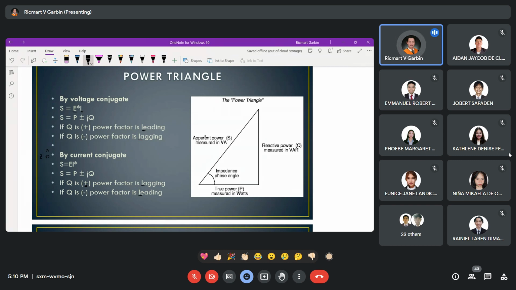So parehas lang siya nitong in terms of Q. Kaya mas malimit yung ginagamit kapag ang pinag-uusapan natin is yung apparent power, kaparehas nung sa impedance. So, hindi ako masyadong malilito kasi parehas lang sila. Kung positive, laging lagging yun. Kung negative yun, leading yun.